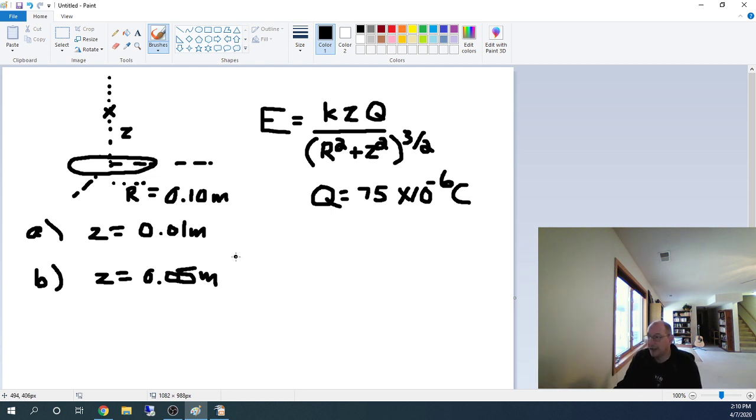Okay, so let's do one of these, and then we'll see the other one. It's going to be basically a plug and chug exercise once we have this expression. I'm going to ask the chat, would you like to see me perform the integral to calculate what the electric field is at a point Z directly above the center of a ring?